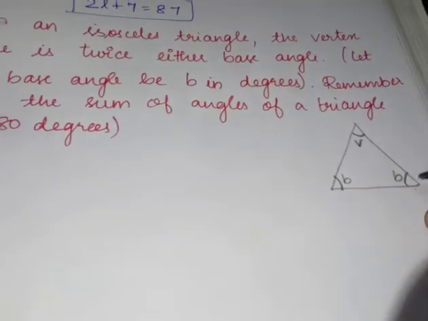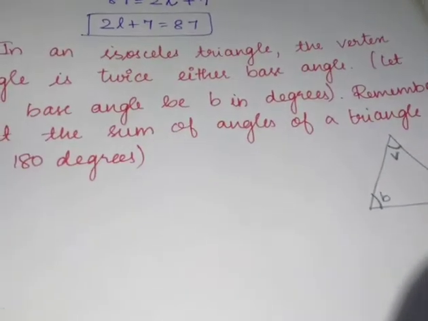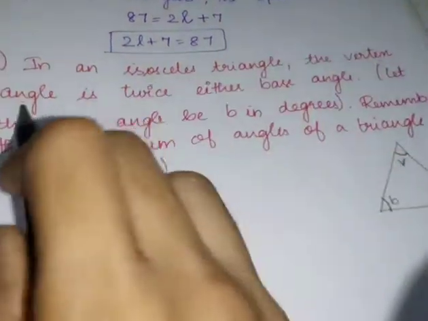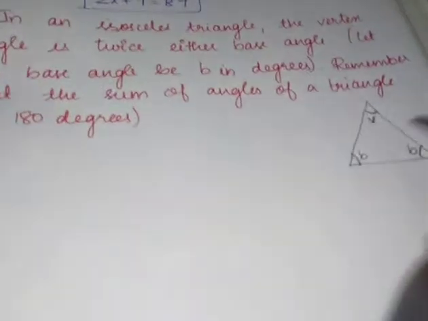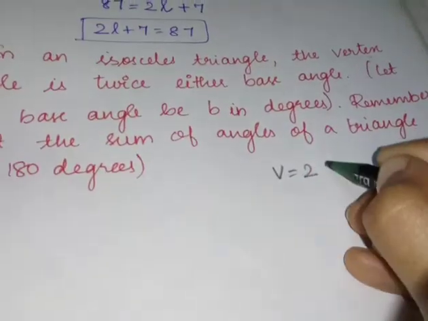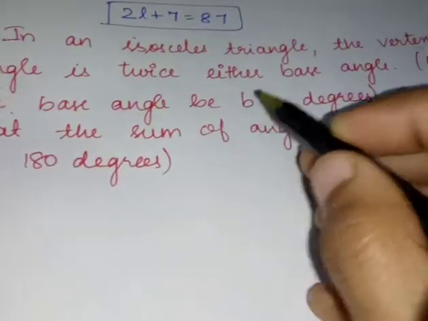The question they have given is that the vertex angle is twice either base angle. So the vertex angle is what? Twice the base angle. Let the base angle be B.